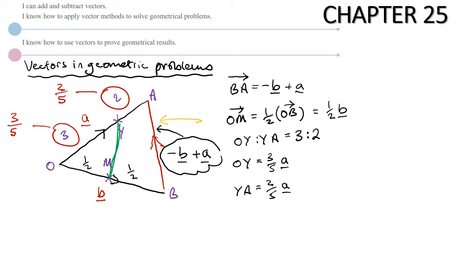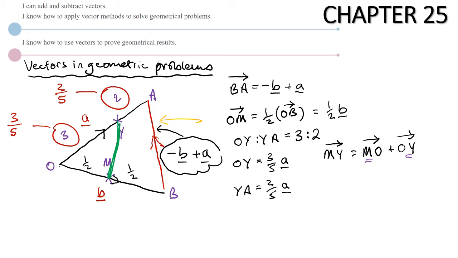Now let's say, for example, I wanted to find out what this was. I wanted to know, how do I get from M to Y? So I want to go from M to Y. Now there's no direct route, so I go along this route here. So I'll start at M, I'll go back to O, and then from O I'll go to Y. So that route is going to take me from M to O, and then it's going to take me from O to Y. So you can see I do start at M and I finish at Y. I go to O in between, that's not a problem.